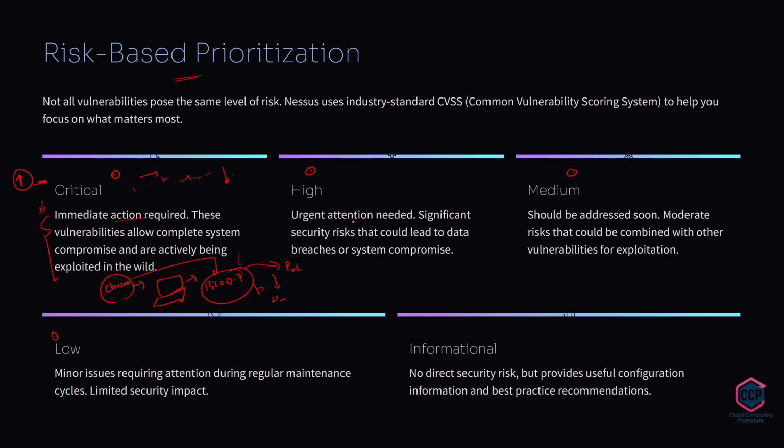Here, high means it isn't as critical. There is a risk of data loss, or an attacker could compromise data. Based on the scenario and which application it is, the category will be automatically decided by Nessus.